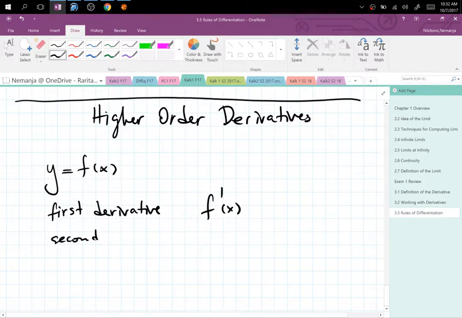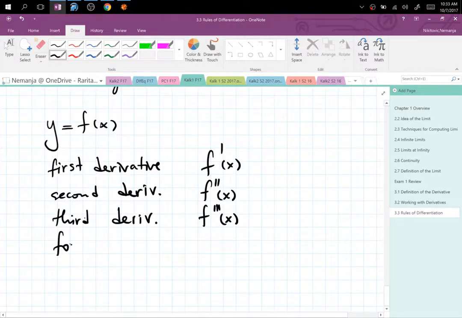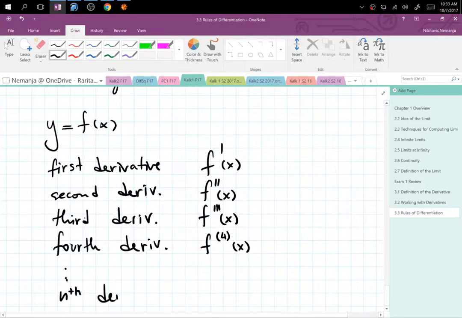Second derivative, which is f double prime of x. And then third, which is f triple prime. And then fourth, notation is changing. All the way to the nth derivative, which is this.